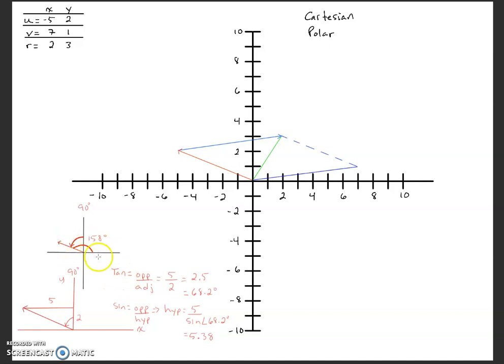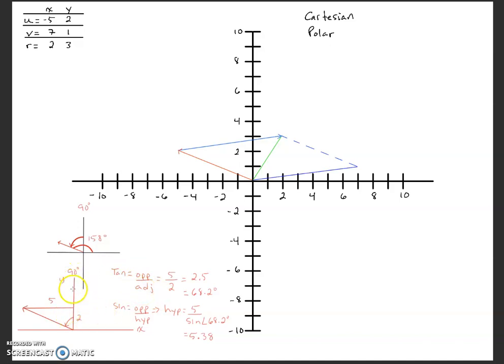To solve for this, this is the way we're going to do this exercise. I'm going to give you the coordinates, and we're going to solve for the hypotenuse and the angle of rotation. We only need to use these two methods in this form, and we can solve for them. So the tan is equal to opposite over adjacent.